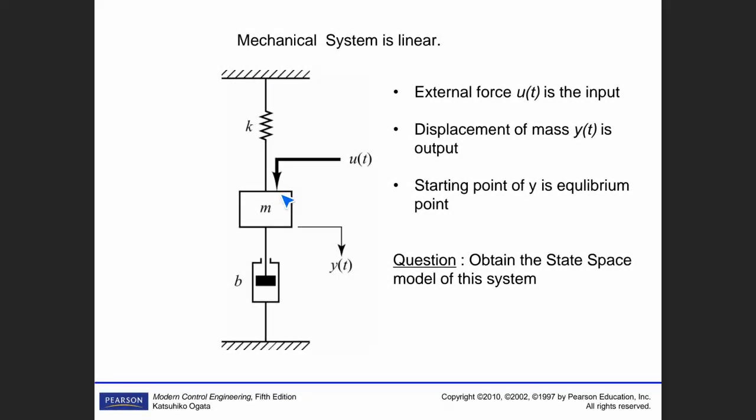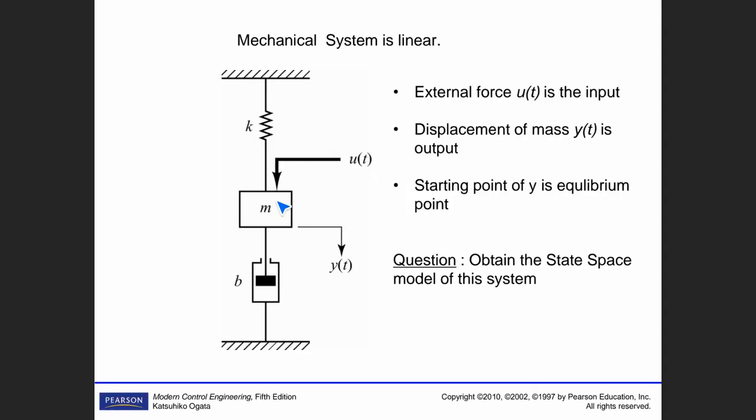We also assume that we have an applied force. I criticized Professor Ogata that if you use U for position, don't use it for force. Just write it as force, F. So this is a force, by the way. And this is a mass.